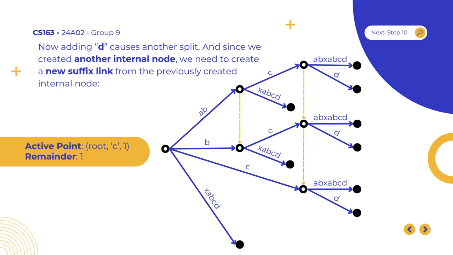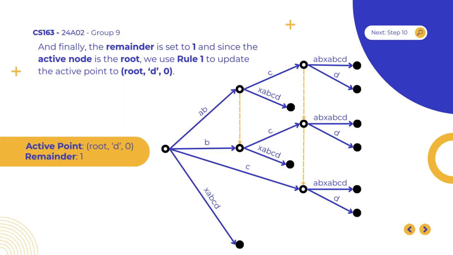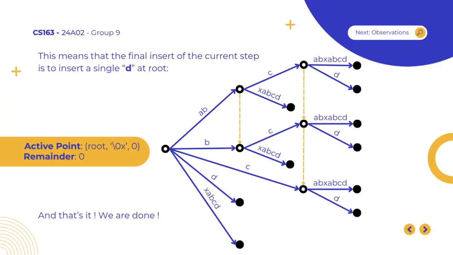The active point will now change back to root D0 according to rule 1. And root D0 as the active point and remainder is 1 tells us that we have only one more step to do, that is adding the edge D at the root.